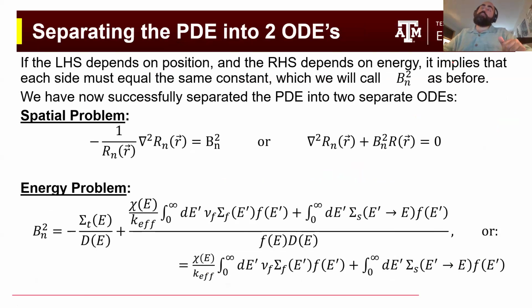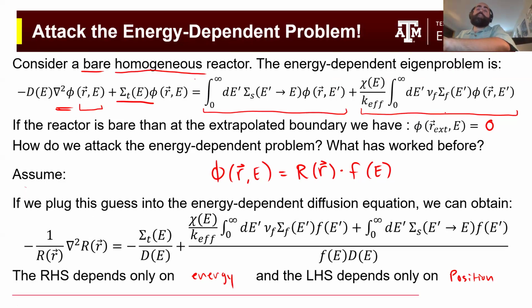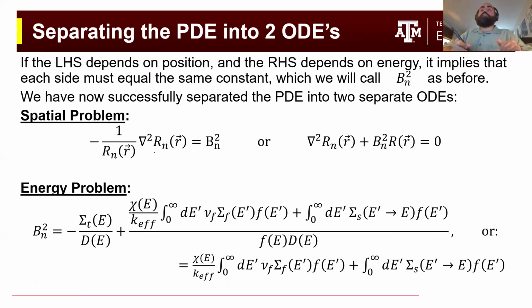We're going to call that constant Bn squared, just like we have done before. If we think about it like that, then we can take this equation and write it as two separate eigenvalue problems, where we have one problem that's a function of space and is equal to that constant, and another problem that's a function of energy, but they're both equal to that same constant.